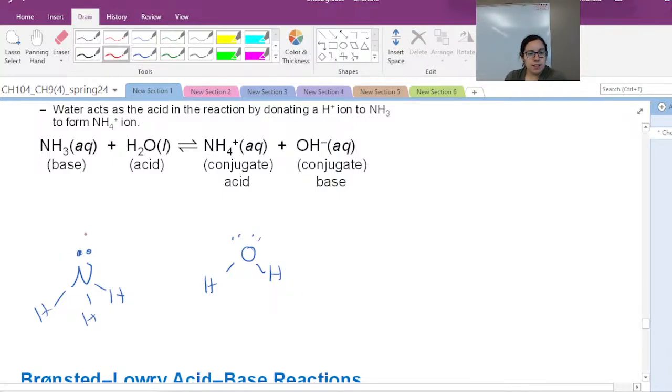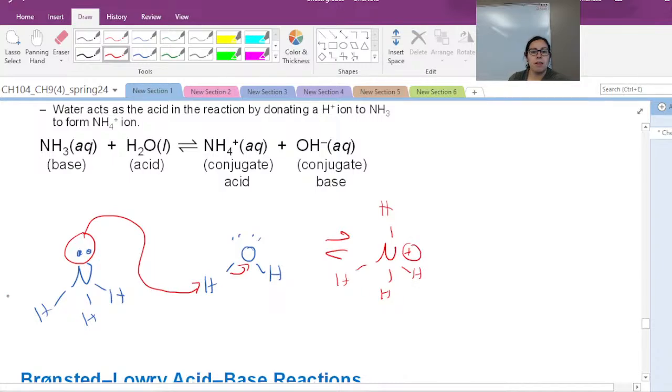In this case, ammonia is going to pluck off one of these hydrogens, and now we make ammonium, and we still have our hydroxide.